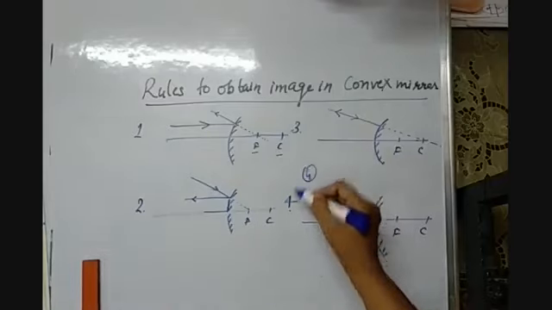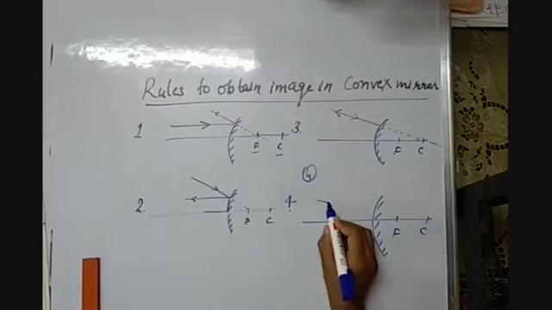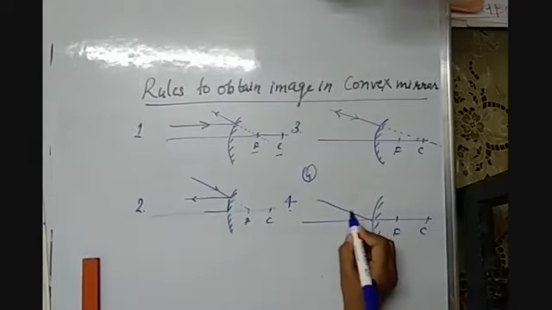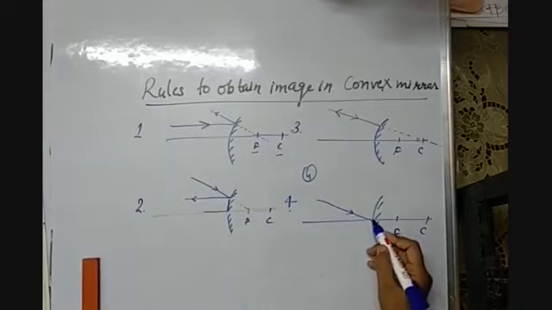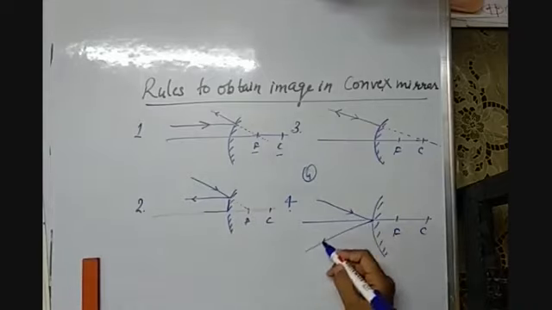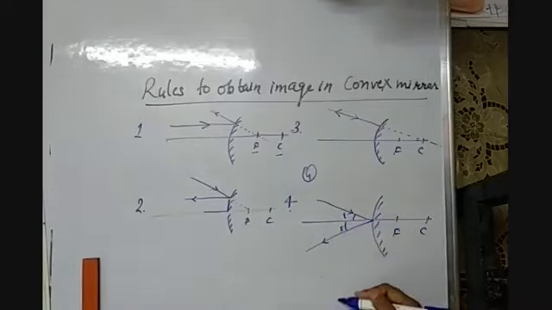The fourth rule is that when the light ray is incident on the pole of the convex mirror, it will get reflected by the same angle. Angle i will be equal to angle r, the angle of reflection. So these are the 4 rules to obtain the image in a convex mirror.